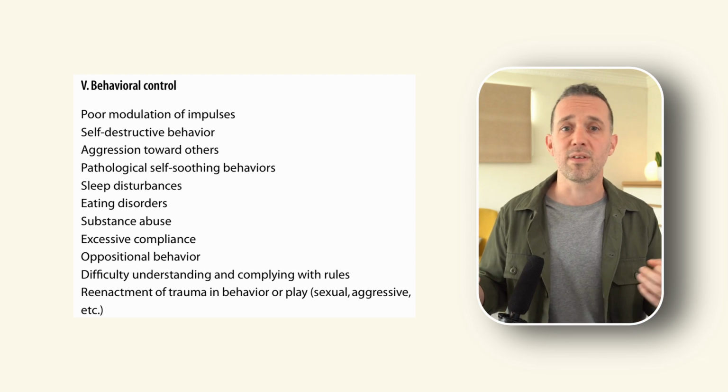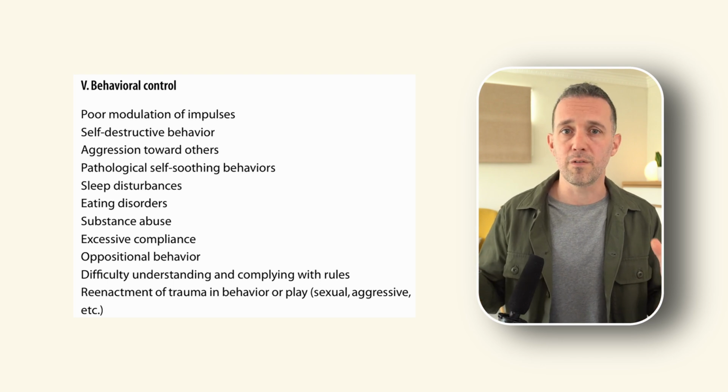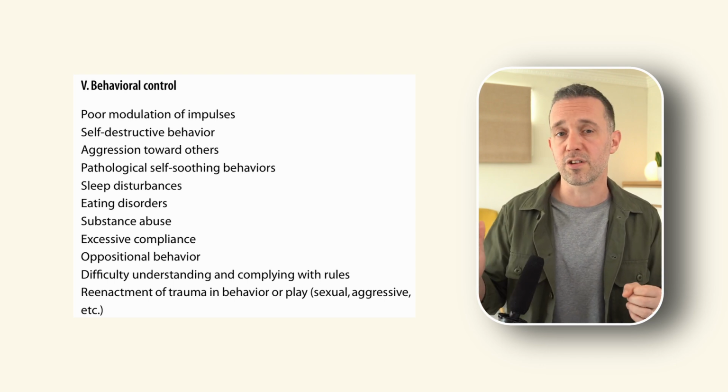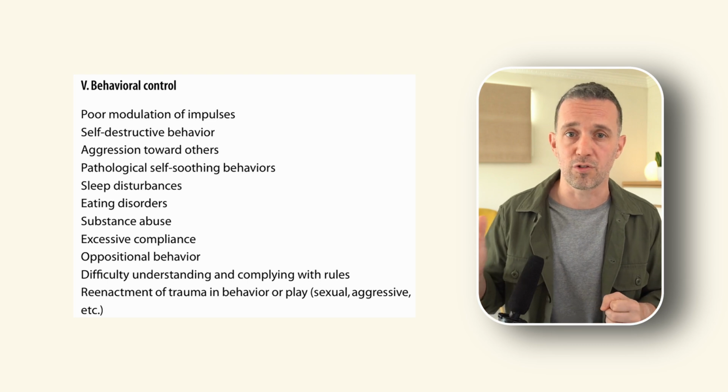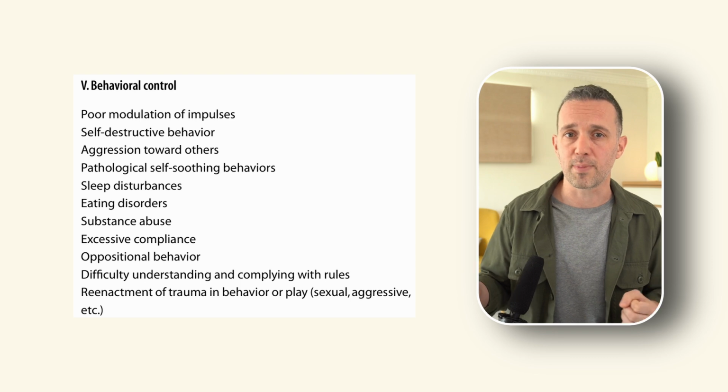We may see behaviours that represent children's defensive adaptations to overwhelming stress, such as reenacting behavioural aspects of their trauma through aggression, or through sexualised behaviour, or through self-injurious behaviours.